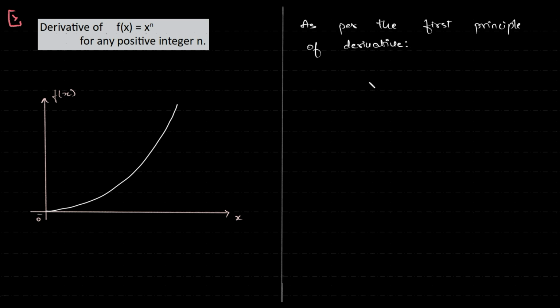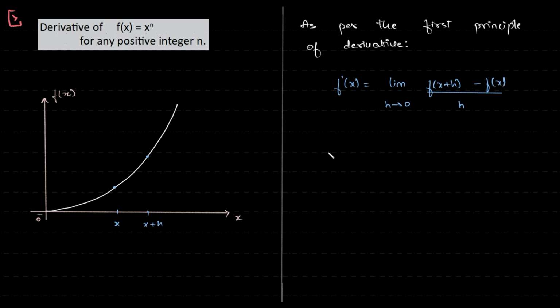We are looking at f dash of x is equal to f prime of x is equal to limit of f of x plus h minus f of x, this entire expression divided by h, and this is h tending towards 0. So basic funda is we'll take x over here, x plus h over there, and we will take the respective value along the graph to represent the y component.